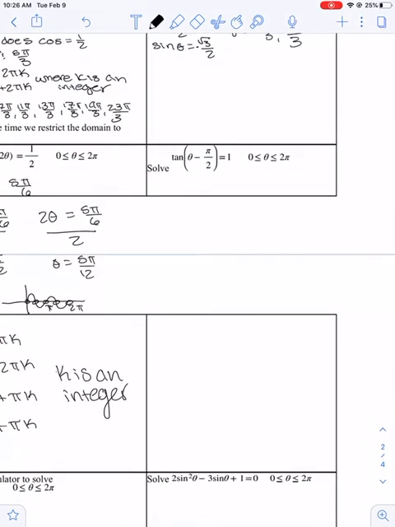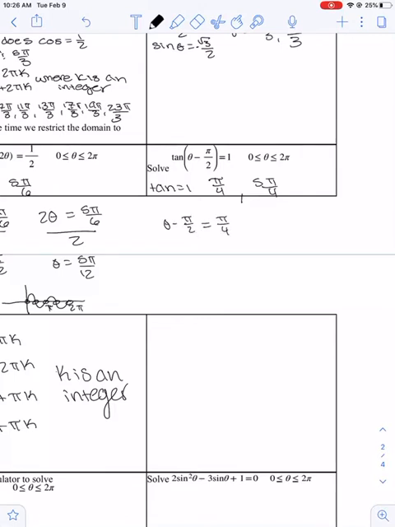Moving on, we have solve for tan of theta minus pi over 2 equals 1. So we want to know, when does tangent equal 1? Between 0 and 2 pi, that's at pi over 4 and 5 pi over 4. And so we're going to set these equal to the inside of the parentheses.